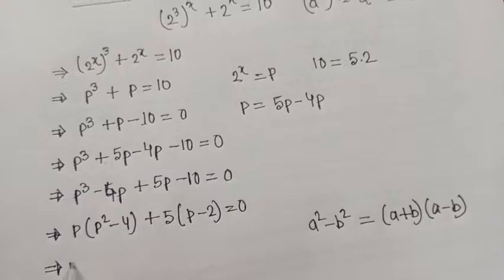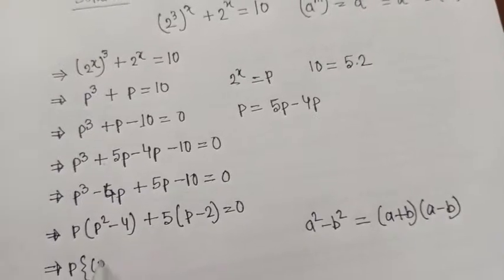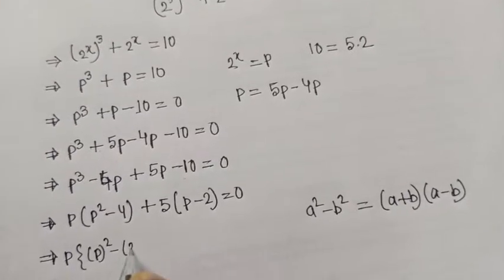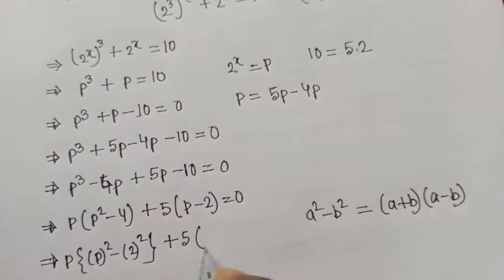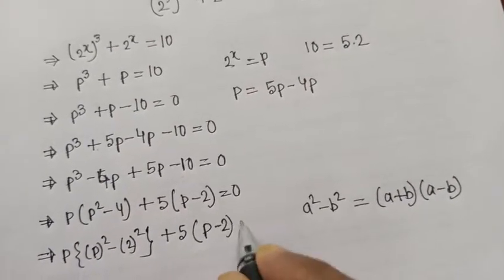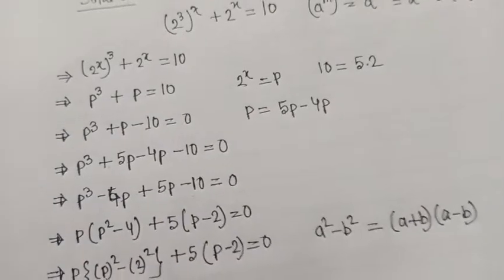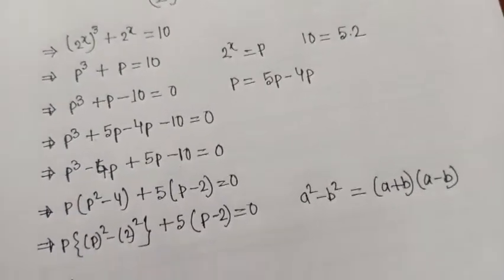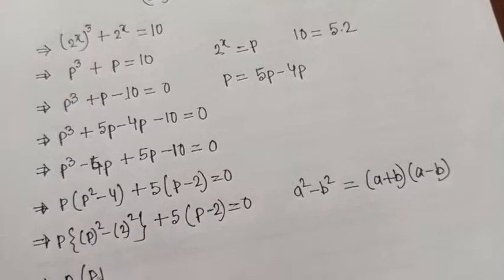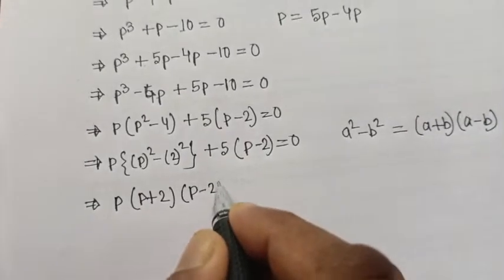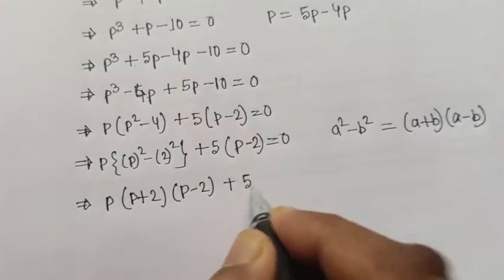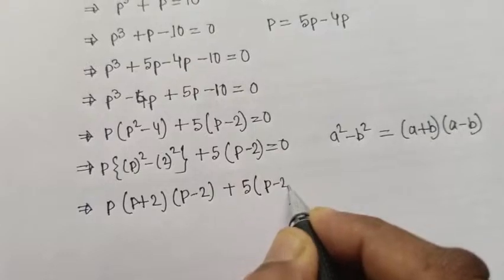So same here, p square minus 2 square becomes p plus 2 into p minus 2, and the rest part will be 5 into p minus 2 equals 0.